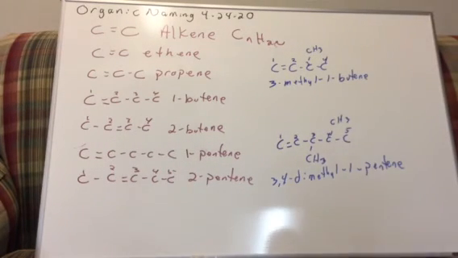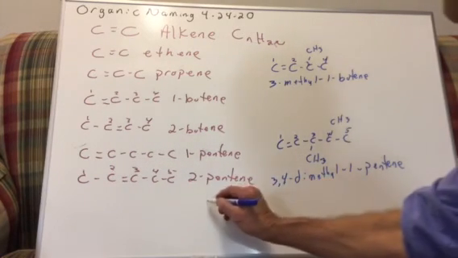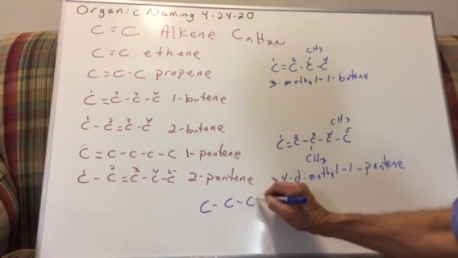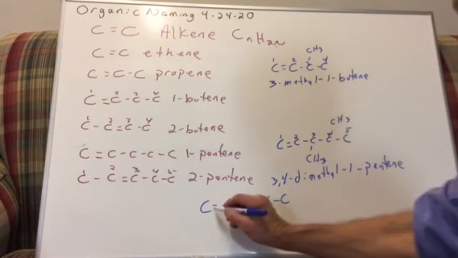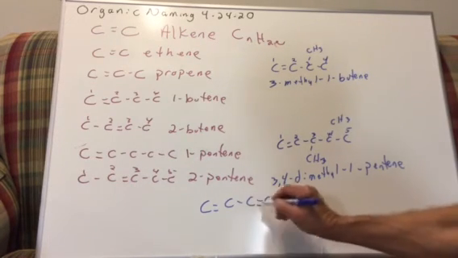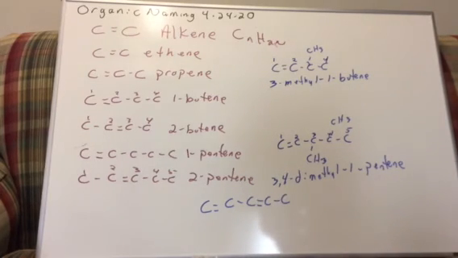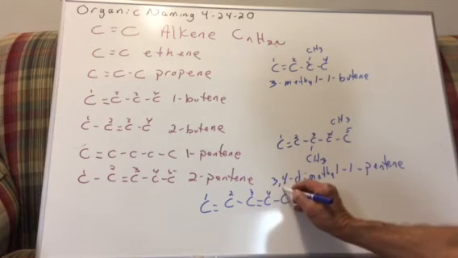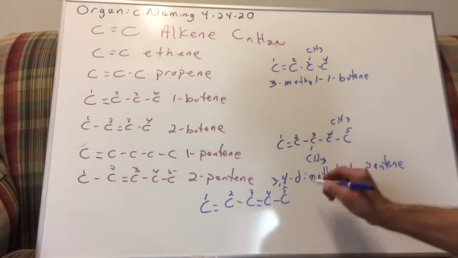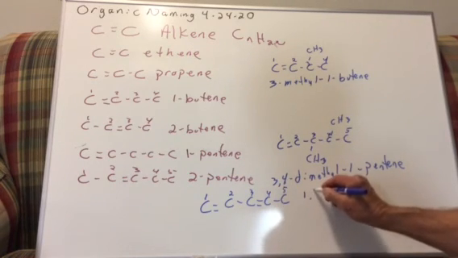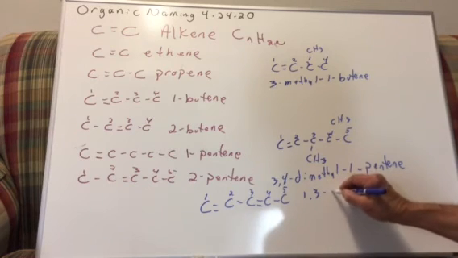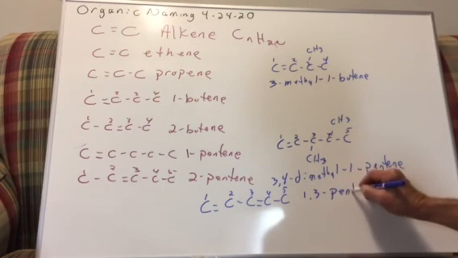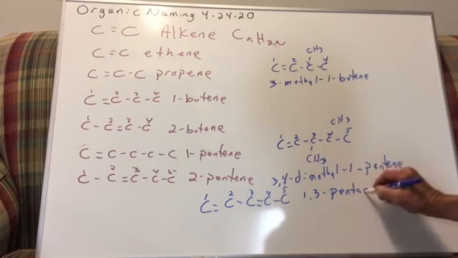And just because it's chemistry and things can get a little bit more complicated, it is possible I could put, let's go with pentene again. Let's say that I had something like that. And so if I number this as 1, 2, 3, 4, 5, so this becomes 1, 3, pentadiene.